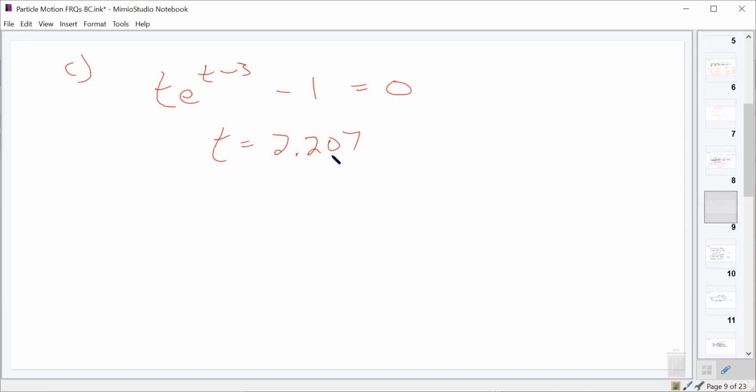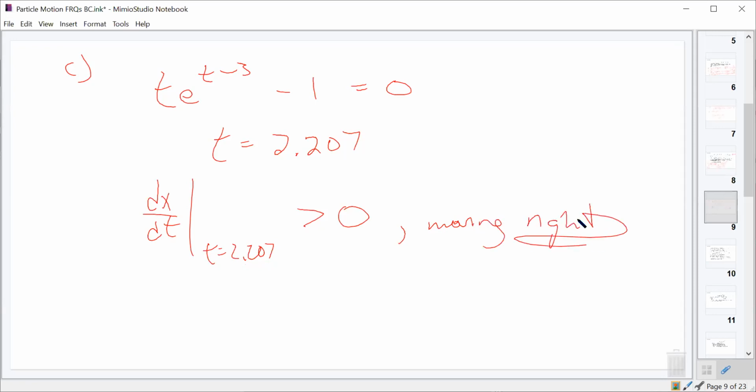Everybody good with that? And then is it moving left or right? How do we determine if it's moving left or right at that time? dx/dt at t equals 2.207 or 2.208 comes out to be positive, greater than 0. So we would say it's moving to the right. Everybody good with that?